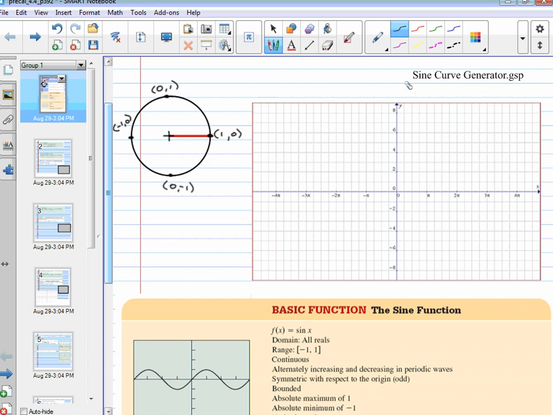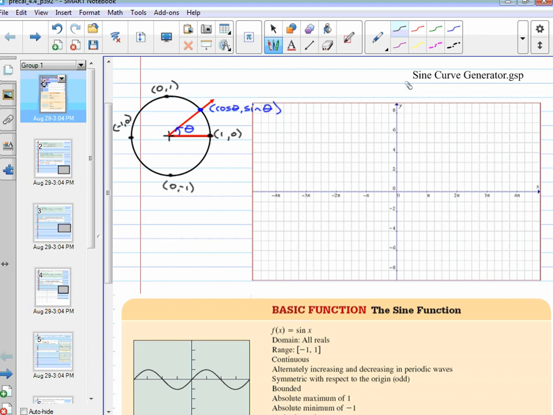And then we said, when I had an angle at any point on the unit circle, the ordered pair was the value of cosine of the angle, comma, sine of that angle. Here's my angle coming around right there.